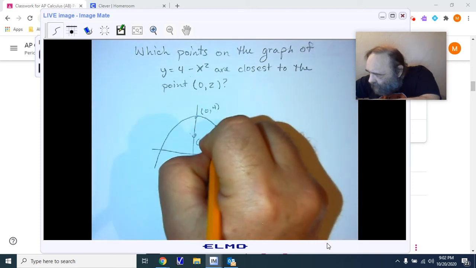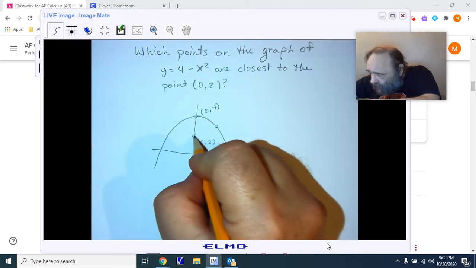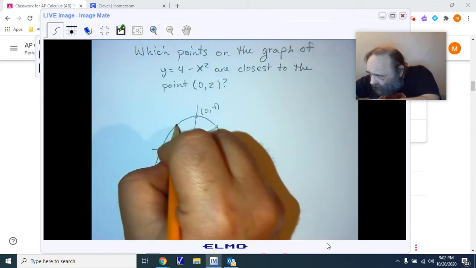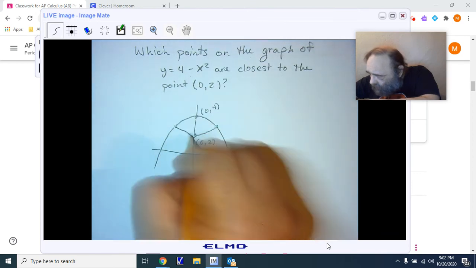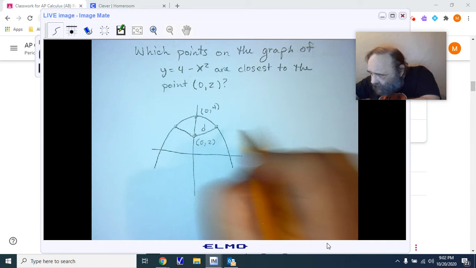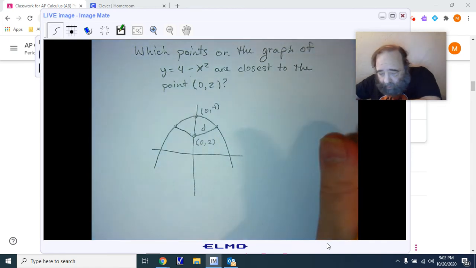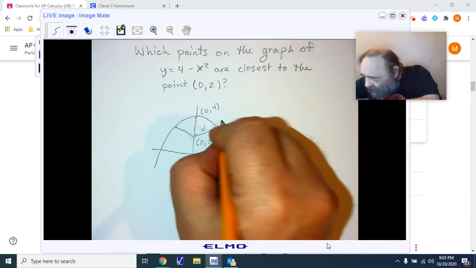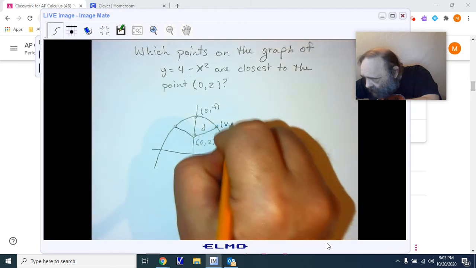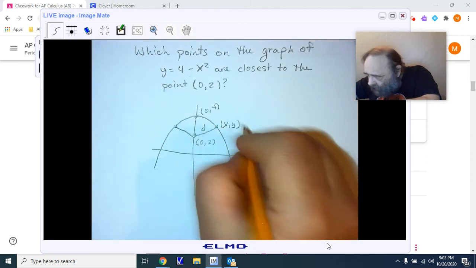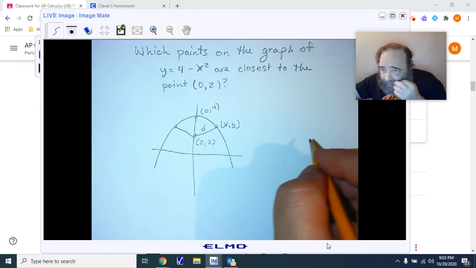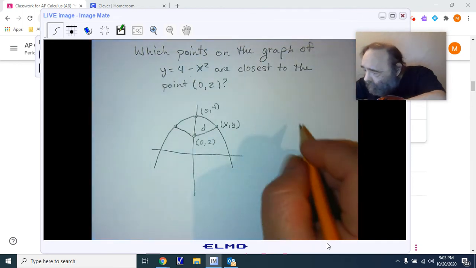And we're trying to find points. Now, if there's one here, I'm going to have one over here. And both of those distances are going to be equal. So I'm going to work with just this single side because it's positive. And what will change is an opposite x value.